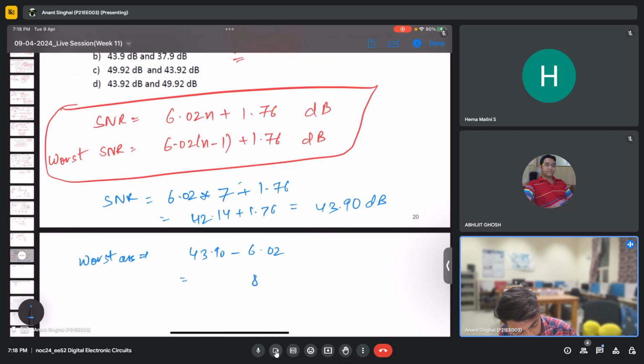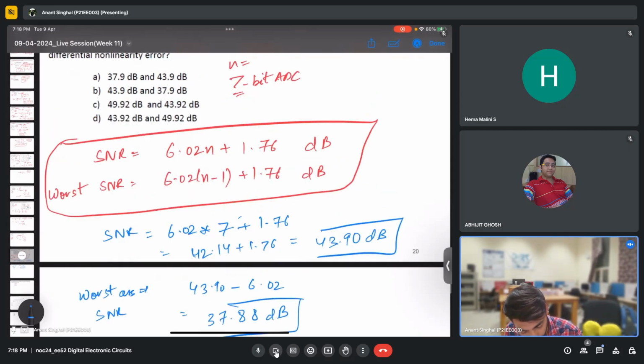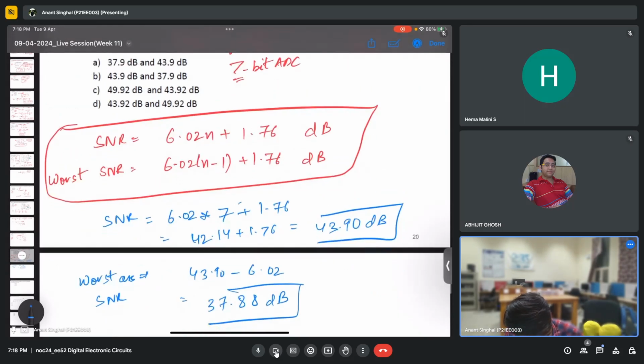That will be 37.88 dB. So 43.90 dB will be the SNR, and 37.88 dB will be the worst case SNR, which is option B.